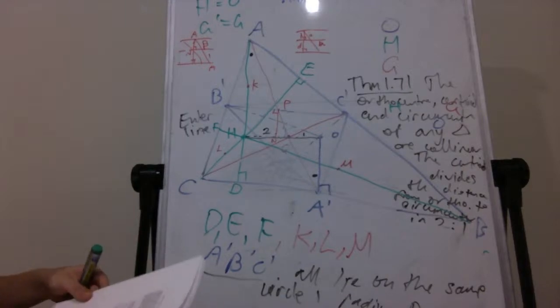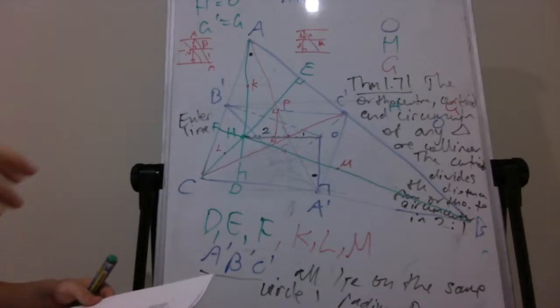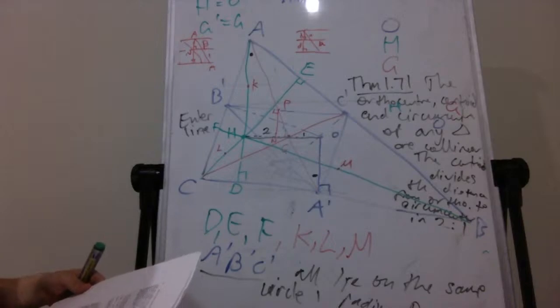See, if he just says the conclusion first, we'd probably be able to see it ourselves. So he says the reason and then concludes. So the conclusion is BC is parallel to B prime C prime and LM.